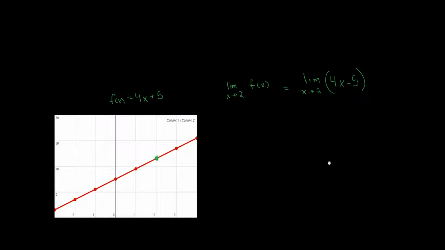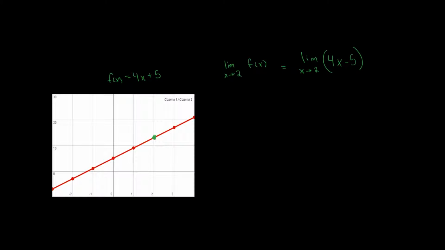In order to do this, we're going to have to pick numbers that get closer and closer to our desired value, and see what these numbers converge towards. Some ways you might see this represented in math textbooks or in class is that the number a is your desired number.